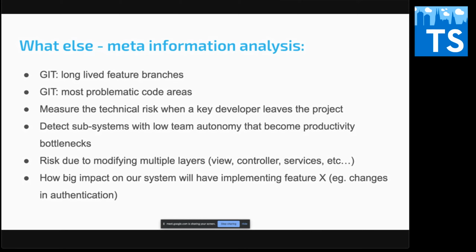We can measure the technical risk when a key developer leaves the project, detect subsystems with low team autonomy that became productivity bottlenecks, and risk due to modifying multiple layers like view, controller, and services at once. And as well, we can estimate the impact on our system when we are implementing some feature, for example, in core areas like authentication.